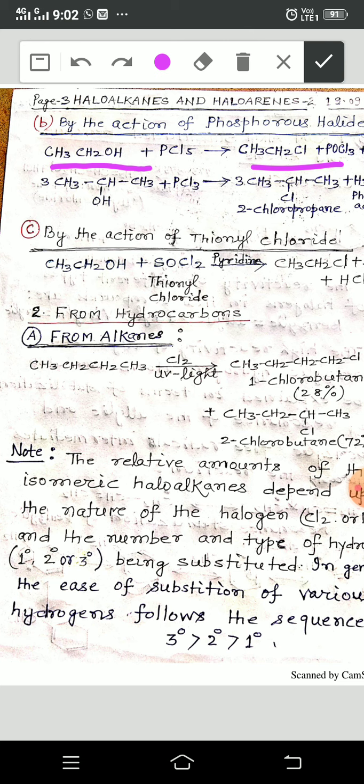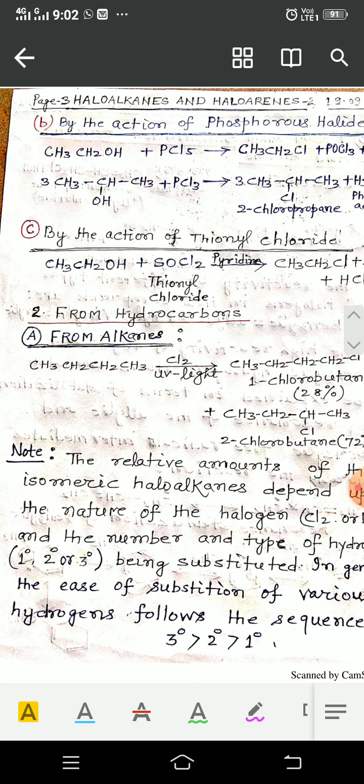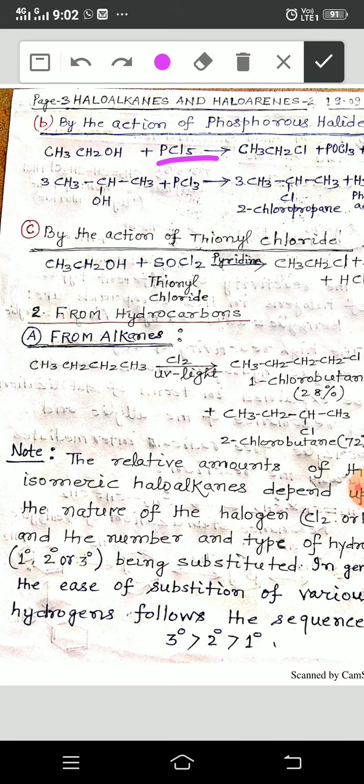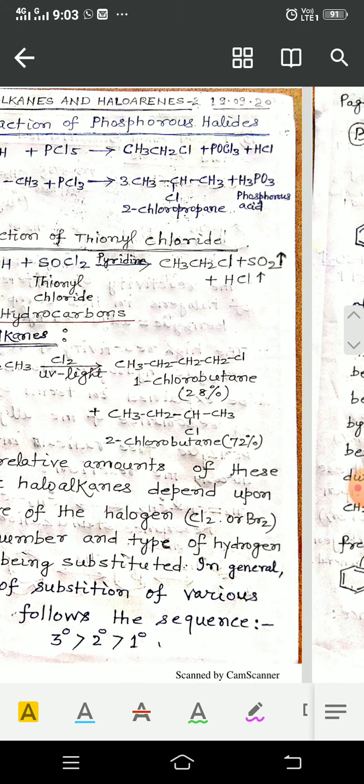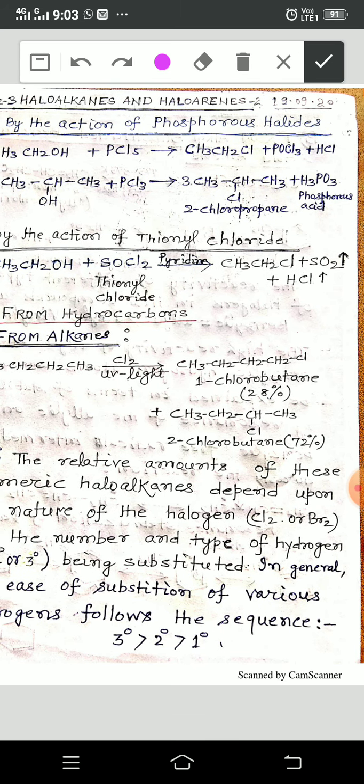Three Cl of PCl5 come in taking one oxygen from alcohol, giving the product POCl3, and the remaining Cl, because there are 5 Cl atoms here, one Cl is obtained in the form of ethyl chloride, 3 Cl in the form of POCl3, and 1 Cl in the form of HCl. So it is clear from the product here, HCl.